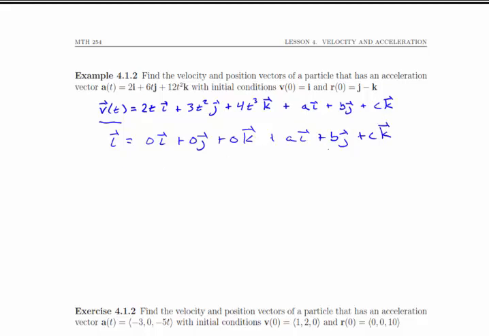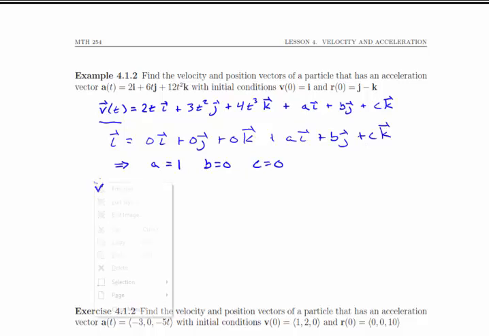And looking at this, we see that it has to be that a equals 1 and b equals 0 and c equals 0, just by matching our components, right? We have on the left here 1i, so a has to be 1. We have 0j, 0k on the left, so b and c both have to be 0.